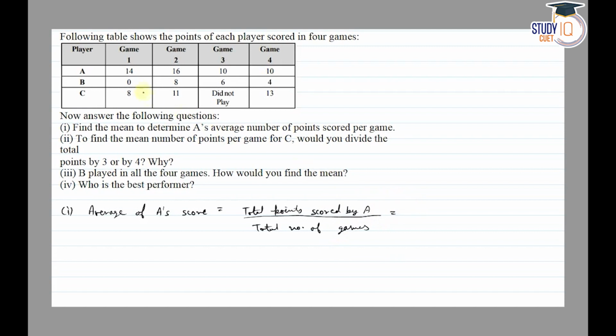So ये हमारे पास A के स्कोर है, हमारे पास 14 प्लस 16 प्लस 10 प्लस 10 अपॉन टोटल 4 गेम्स हैं, तो हो जाएगा 50 अपॉन 4 इज इक्वल टू 12.5 पॉइंट्स.